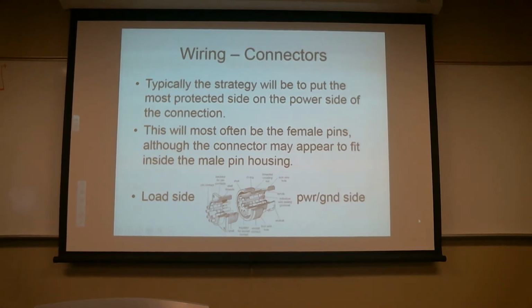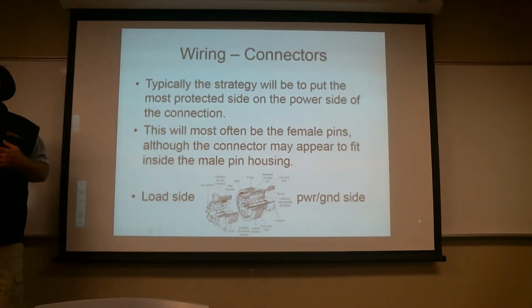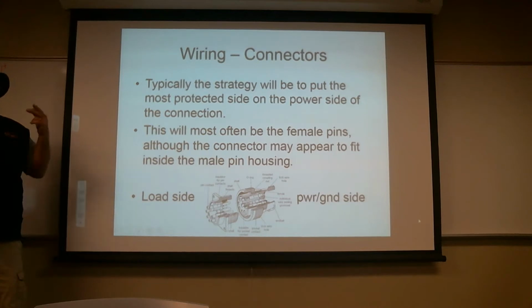So because of this pin gender orientation, you want the side that needs the most protection to be in the most protected side. The one thing I don't want is a dead short across power to ground. So I want to make sure that power and ground is located in the side of the connector to where, if the connector is disconnected, it's really hard for something to short those two together.